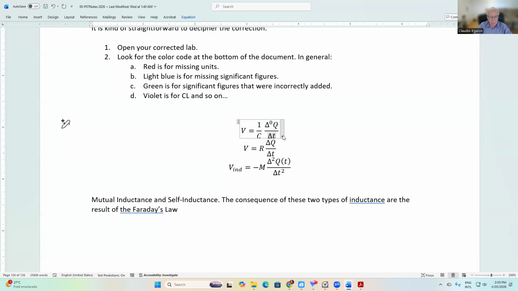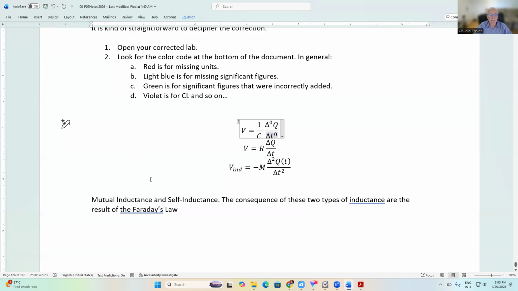So you can see the progression of this equation. Delta to the 0 power and delta T to the 0 power gives delta 0 Q over delta T to the 0 power, which is Q. You see the progression?